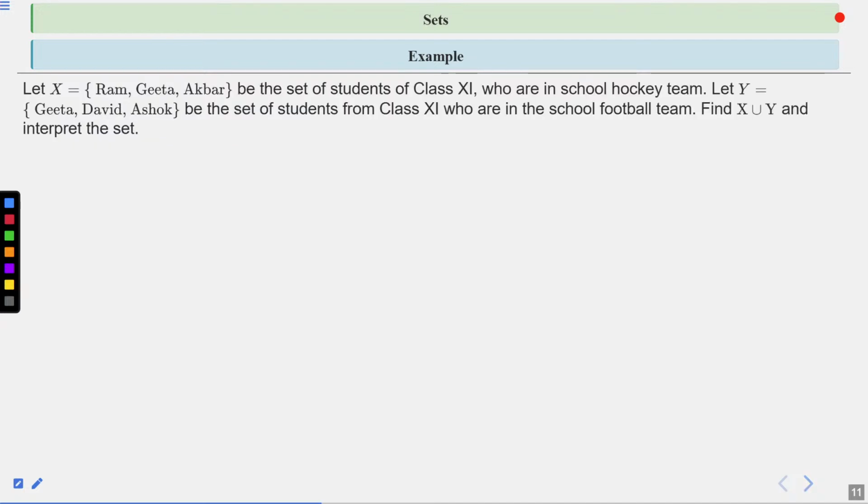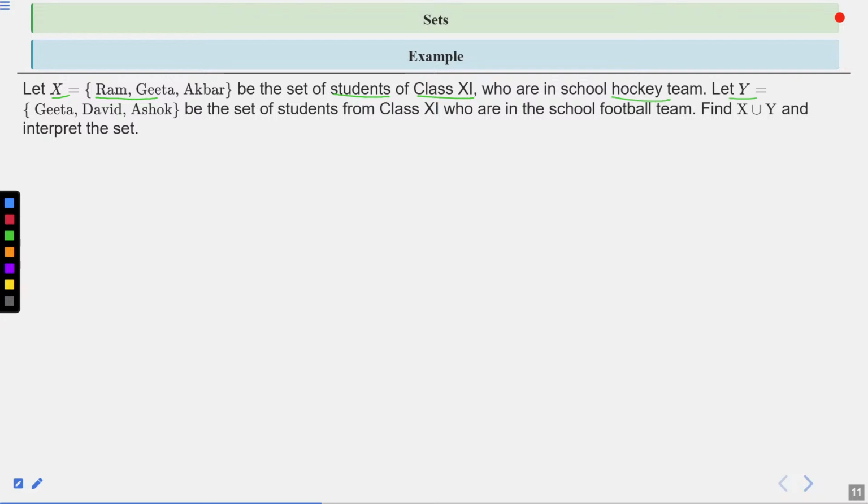Now this example, let X be the set of the students of class 11th who are in the hockey team, a collection of 3 elements: Ram, Geeta, Akbar. Clear?